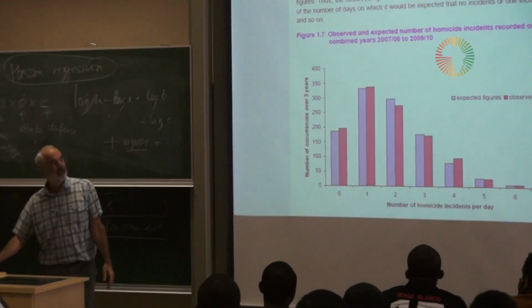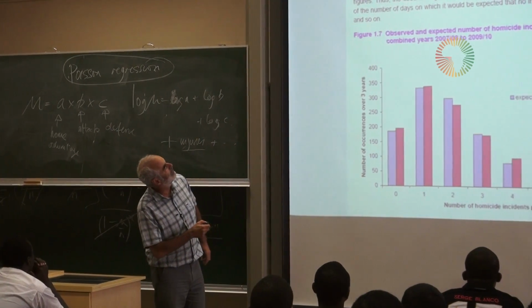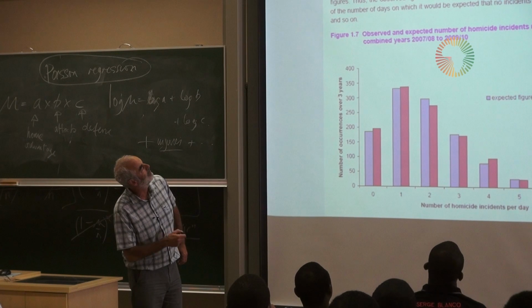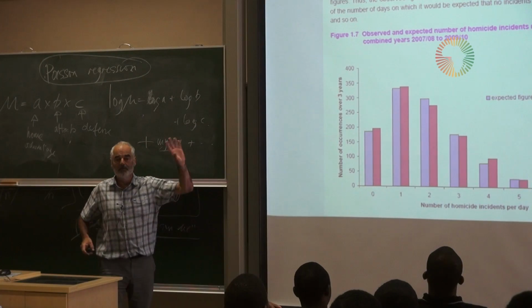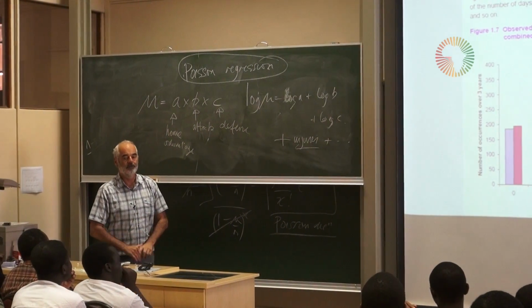It's absolutely remarkable. They do the statistical test, and it shows no significant difference between the expected and the observed figures. The observed figures are Poisson distributed. And we'll be talking next week about how we can carry out these tests and do such analysis.